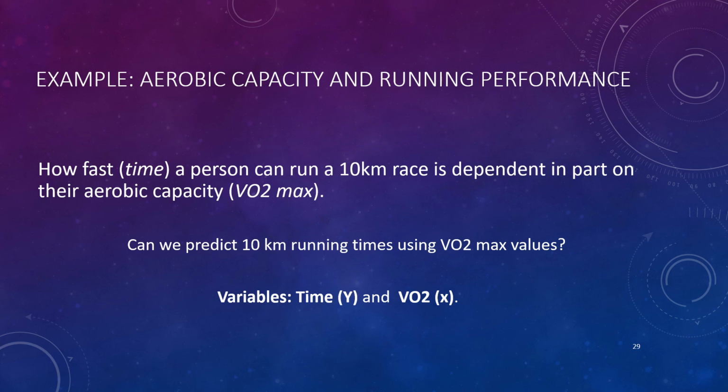VO2 stands for the volume of oxygen consumed, and that's the maximal amount of oxygen that is consumed. So the question is, can we predict 10-kilometer running times using VO2 max values? Or can we at least put together a model that might explain that? So we're going to put together a model, and then I'm going to give you a piece of canned data that shows some aspect of prediction based upon this.